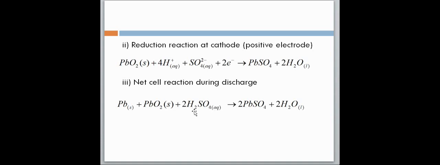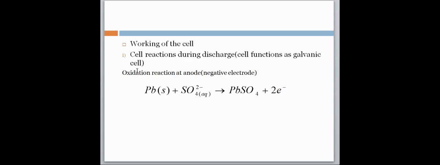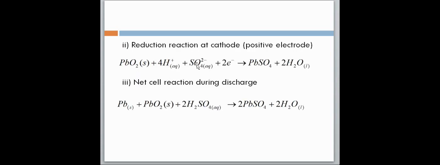Now, how does this become 2H2SO4? Because there is one SO4 2 minus here, one SO4 2 minus there, and there is 4H. So 4H and 2 SO4. The 2 electrons are there on both sides, so they get cancelled. This is how I get my net cell reaction during discharge.